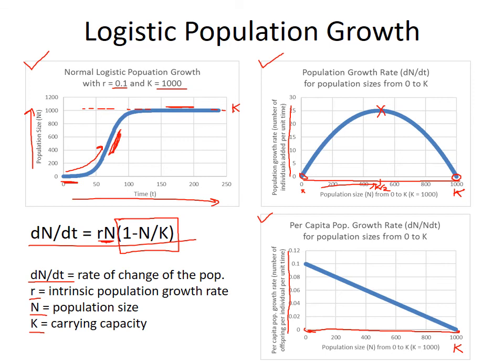So that's the population growth rate per individual. So it's sort of like each individual's contribution to population growth. So that is a maximum when the population size is low and a minimum when you reach carrying capacity. This is the thing that's a little bit tricky to figure out.